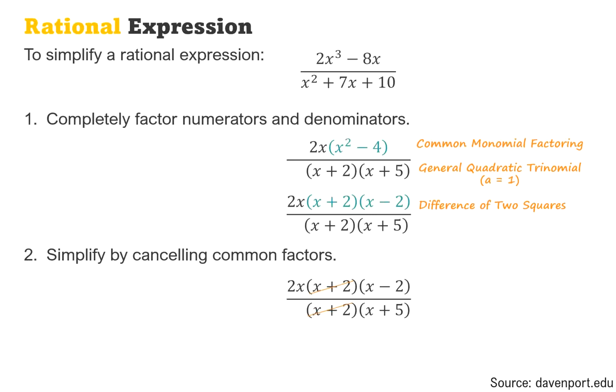So, ang matitira is 2x times quantity x minus 2 all over quantity x plus 5. So, therefore, this would be yung ating simplified form. So, our answer would be 2x times quantity, x minus 2, all over x plus 5.